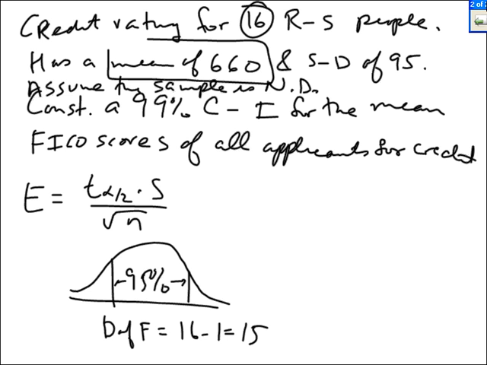On your t-table, we're using the t-table because sigma is not known. The standard deviation of the whole entire population is not known. So we don't know sigma. That means we use a t-table.